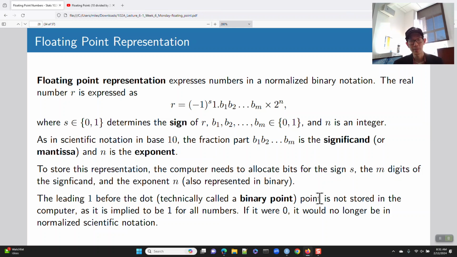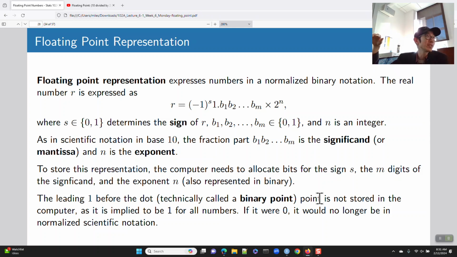And so basically, the way floating point numbers work is we store things in binary, in a normalized scientific notation in binary. If you think about regular old scientific notation, the first digit isn't supposed to be a 0.